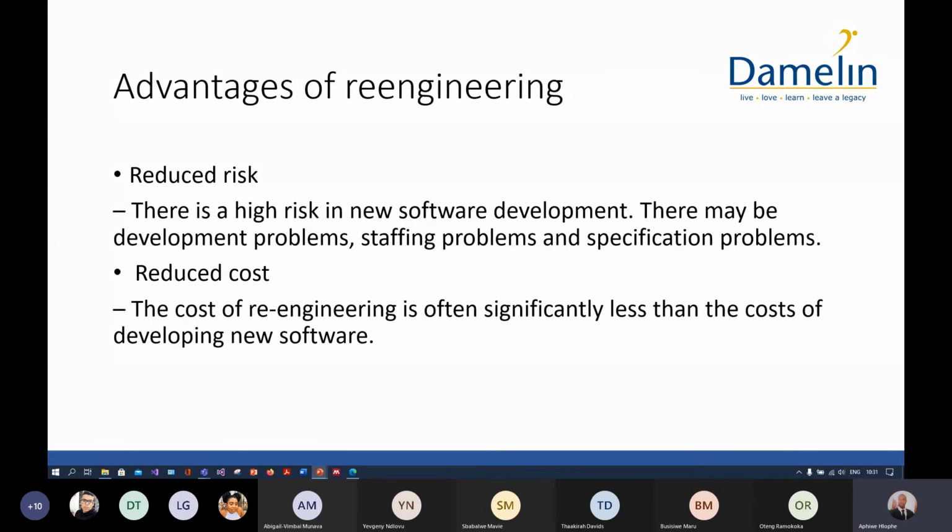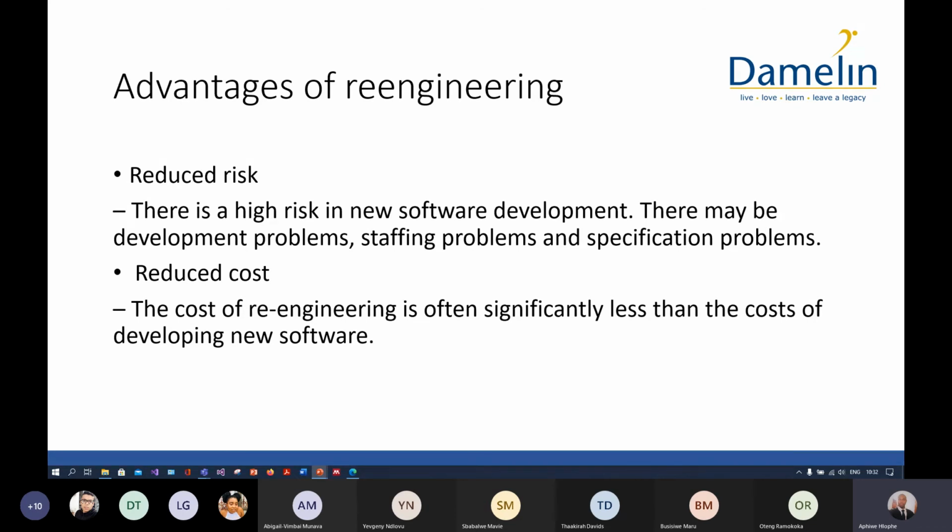And these are some of the advantages of going through re-engineering as opposed to scrapping the system, doing a business process re-engineering and replacing the system with a different system. It reduces risk. There is a high risk in new software development. There may be development problems, staffing problems, and specification problems.